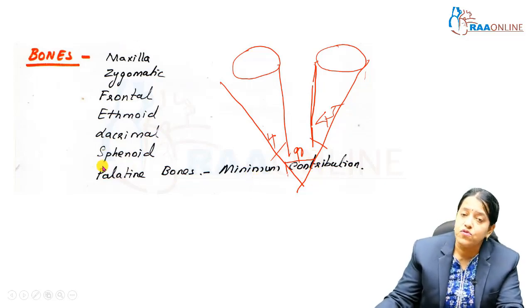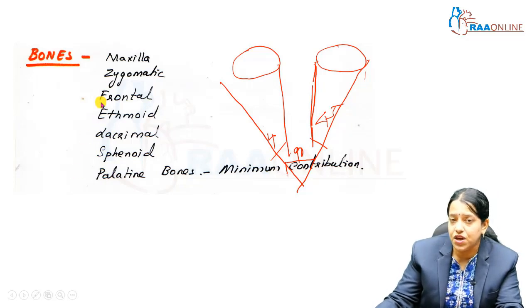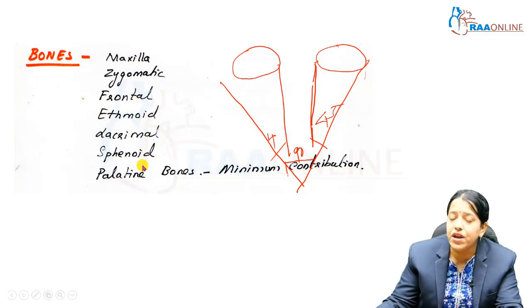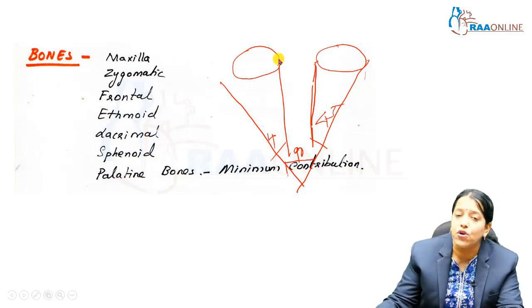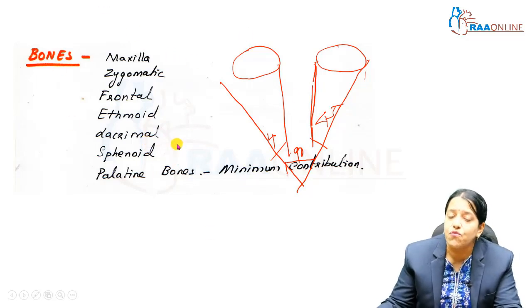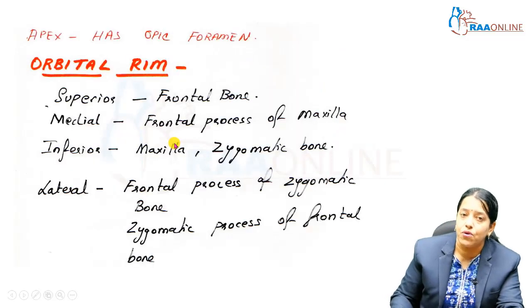So these are the bones which form the orbit. So we have maxilla, zygomatic, frontal, ethmoid, lacrimal, sphenoid and palatine bones. Now each wall of the orbit will have contribution from these bones. So we will come to each wall of the orbit.